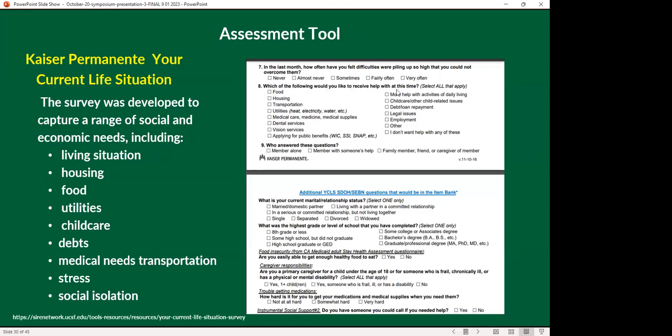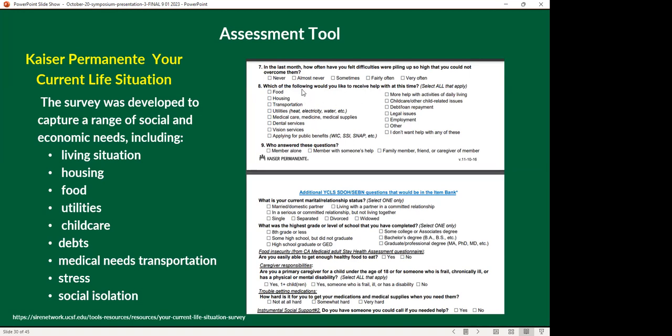And some of them have encompassed the hunger vital tool, and some of them include: which of the following would you like to receive help with at this time? And look at all the things that are listed here: dental service, vision services, applying for public health benefits, legal issues, employment.